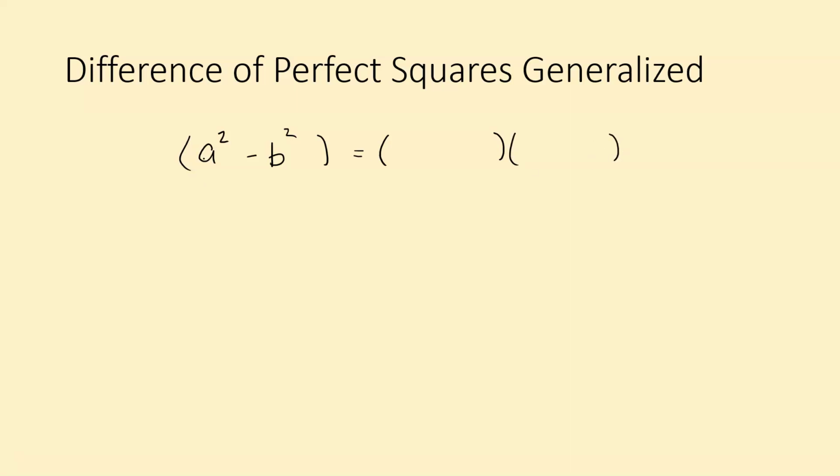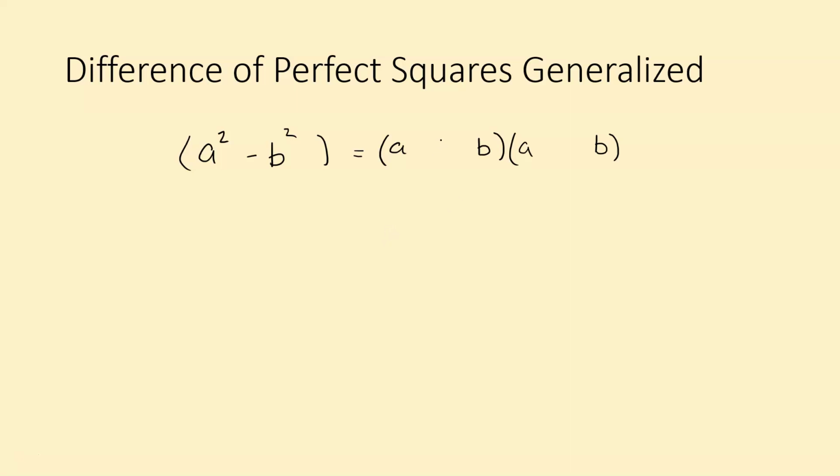You take the square root of the first term, which would be a in this case. The square root of a squared is just a. And that becomes your leading term for both of the factors. Then you take the square root of your second term, which would be b in this case. The square root of b squared is just b. And that's going to be your trailing term for both of these factors.